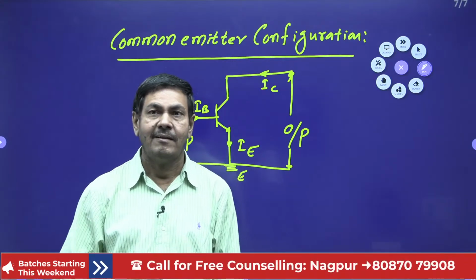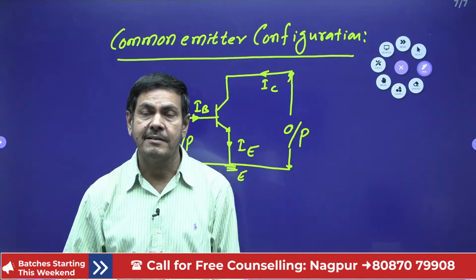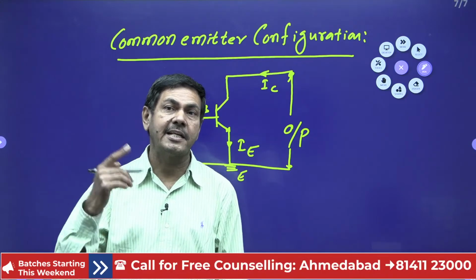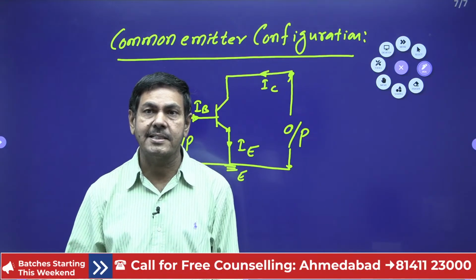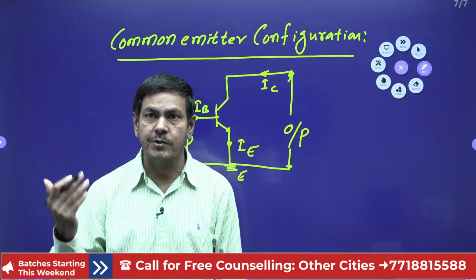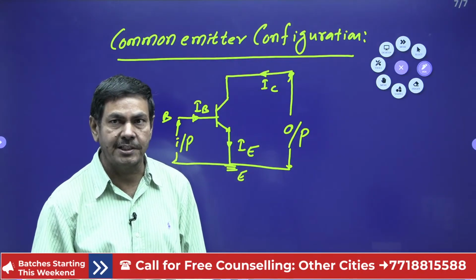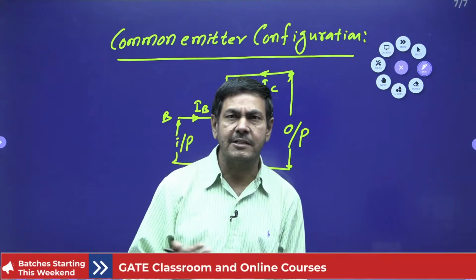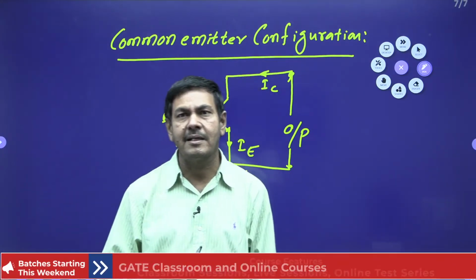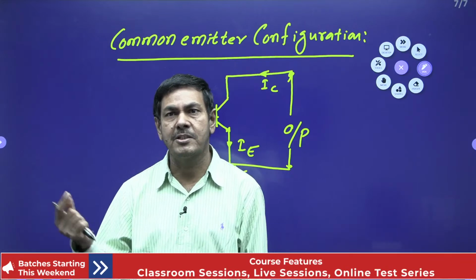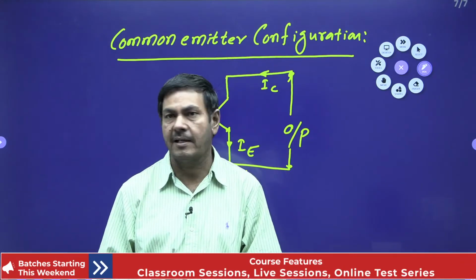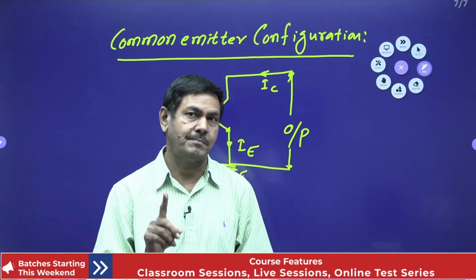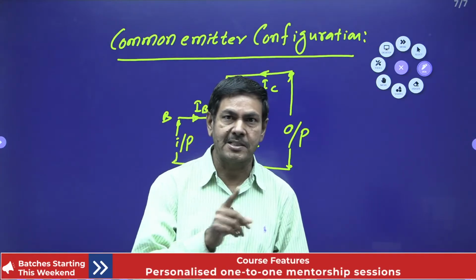What I said in common base configuration: when you want voltage gain more and current gain less, I said try to use common base configuration. Both are required moderate here. In many books it is given that voltage gain is more, current gain is more, and power gain is more, so you need to use the common emitter configuration. That is not correct. Moderate only, must.